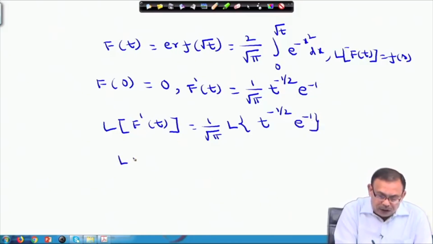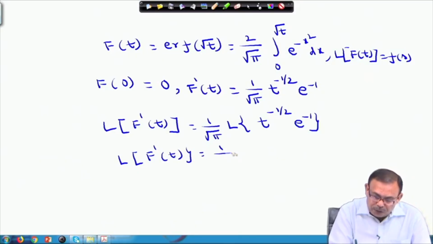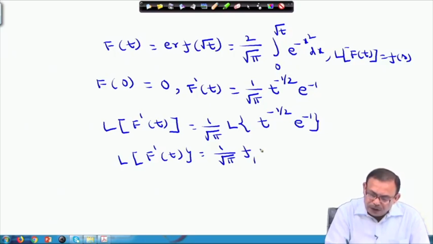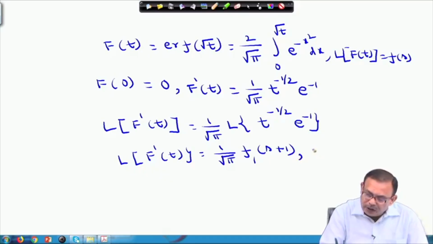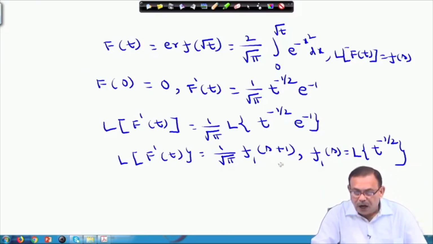So, you can tell that the Laplace transform of f dash t is equal to 1 by root pi into f 1 of s plus 1, where f 1 s is nothing but the Laplace transform of t to the power minus half.